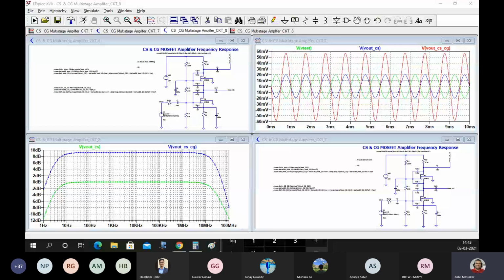We will have both CS and CSCG together and then try to simulate this. Yes, this is correct. Tanay, the output is correct. Vinayak, output is good.